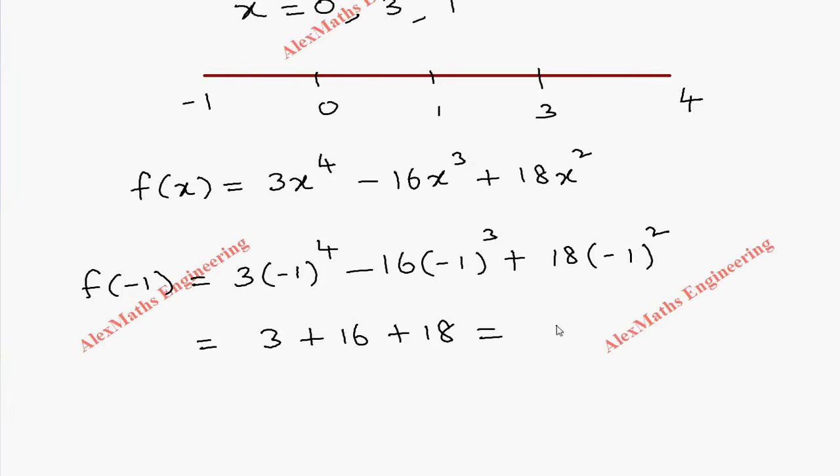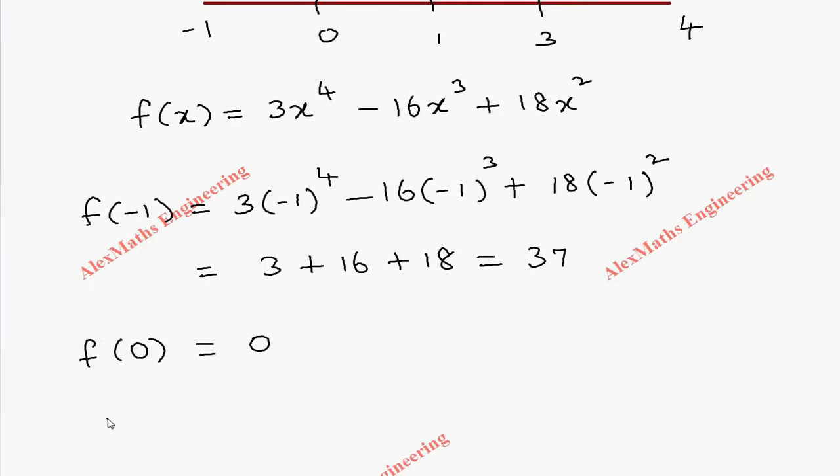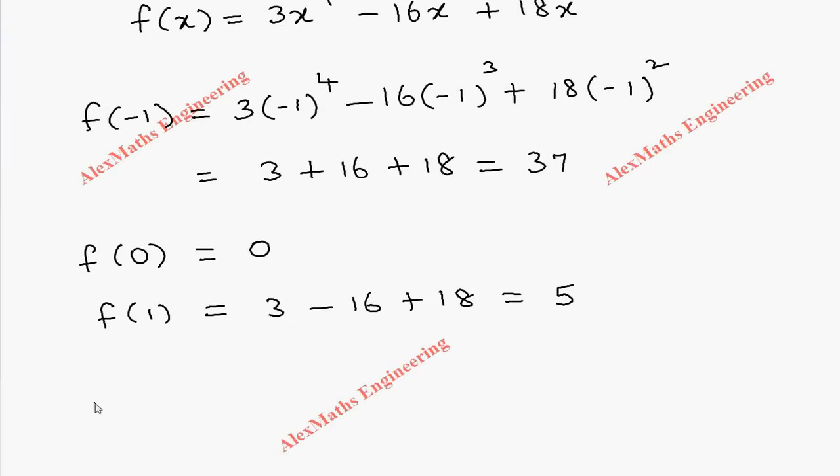Totally 37. Then second value 0. Since all the terms have x, the value will be 0. Then we have to find f of 1. That will give the first term 3, second term minus 16, third term plus 18. Totally this is 5.